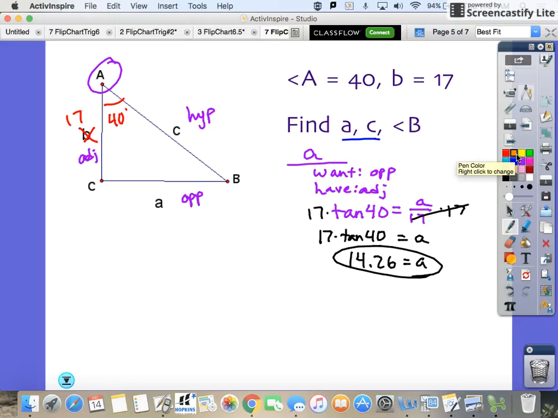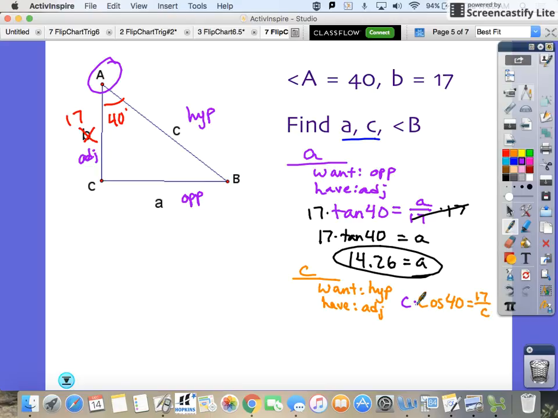Then to find side C, this is our height, so what we want is the height. What we have is the adjacent. Adjacent and hypotenuse is cosine. So cosine of 40 equals the adjacent over the hypotenuse.